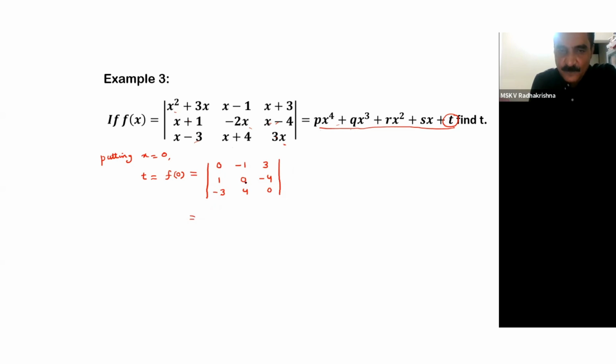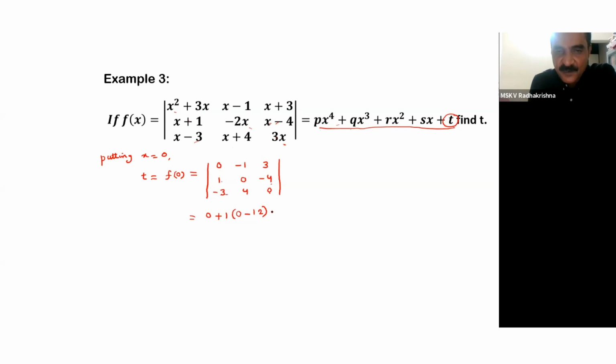0 into subdeterminant, anything is 0 only. So I am not going to calculate the subdeterminant. For second element -1, we have to change the sign. It becomes +1 into subdeterminant. This into this minus this into this. 1 into 0, 0 minus 3 into 4, 12. -3 into -4 plus 12.